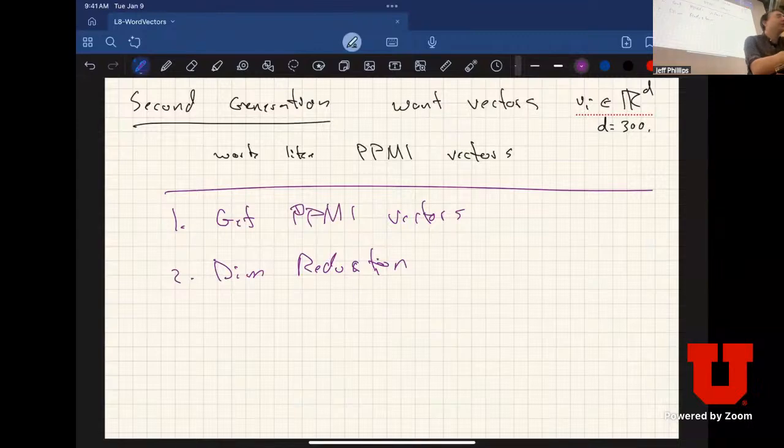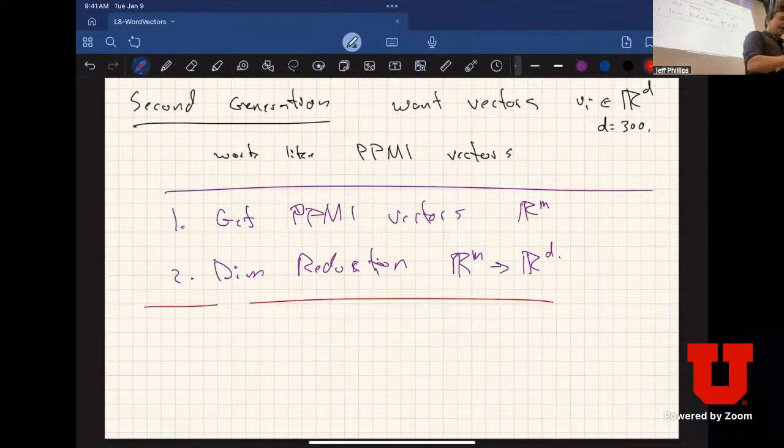So do dimensionality reduction to go from R^M to R^D. This did not work as well as the other approaches.